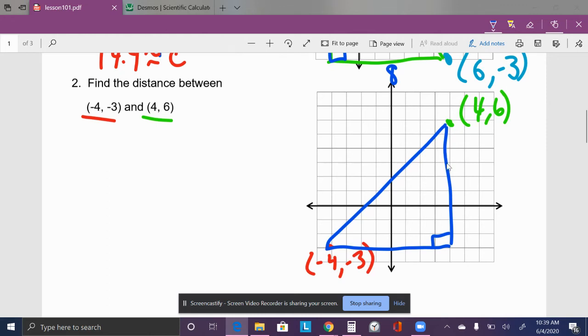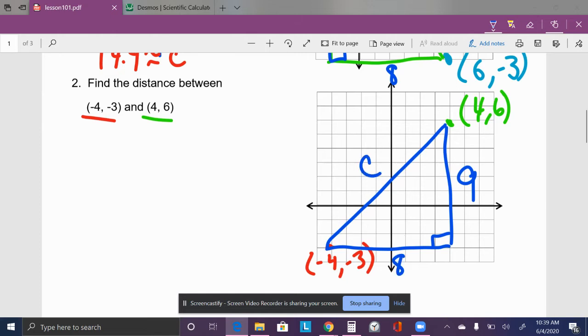This is 1, 2, 3, 4, 5, 6, 7, 8, 9. And this is 1, 2, 3, 4, 5, 6, 7, 8. We're trying to find our c.